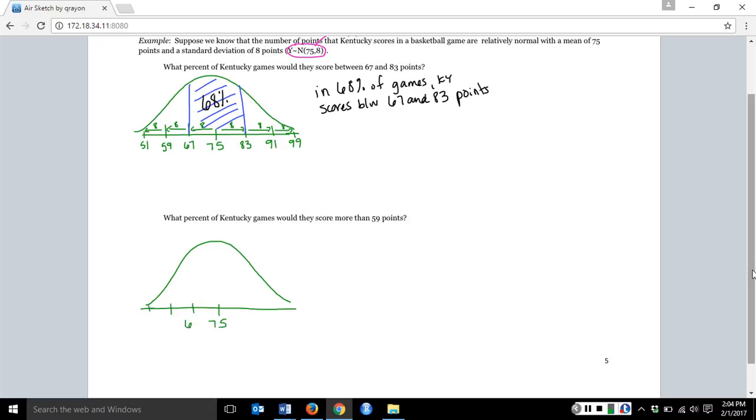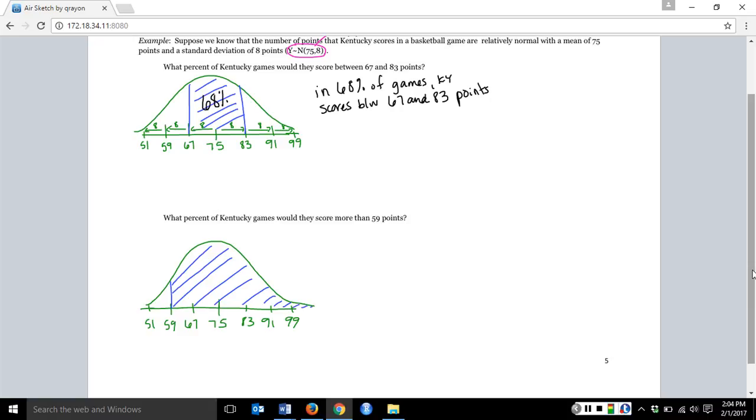So we're still going to get our 67, our 59, our 51, our 83, our 91, and our 99. And this time we're interested in 59 or anything higher. So everything.